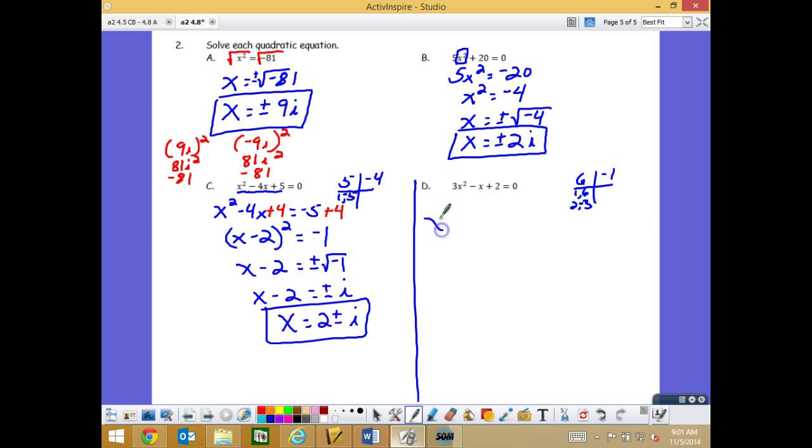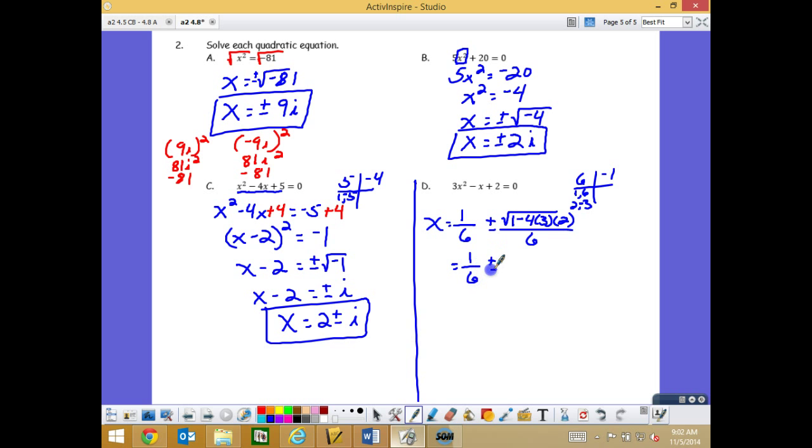So x is equal to, opposite of b is 1, over 2 times a, which is 6, plus or minus the square root of b squared, which is 1, minus 4 times a times c, all over 2 times a, which is still 6.